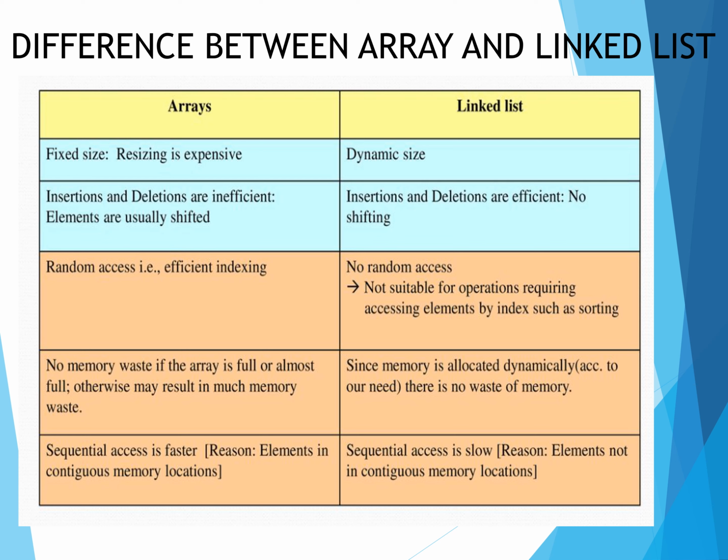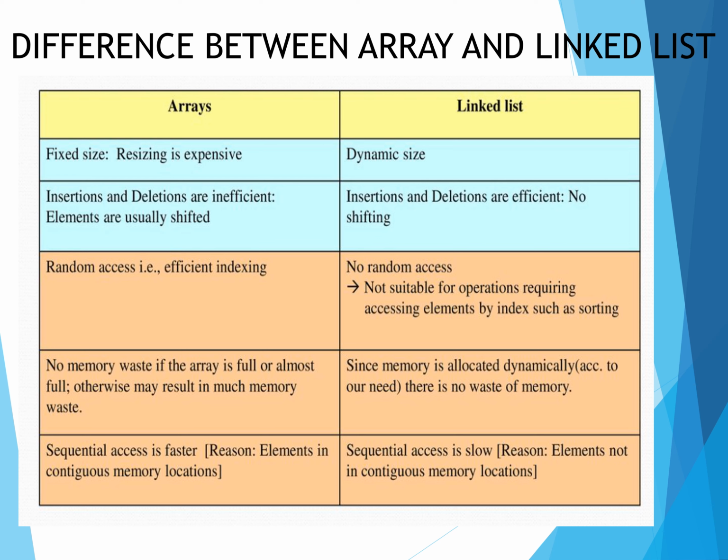The next second point: in an array, insertion and deletion are inefficient. Elements are usually shifted. We use a right shift and left shift when performing insertion and deletion operations in an array. But in a linked list, insertion and deletion are efficient. There is no requirement for shifting.